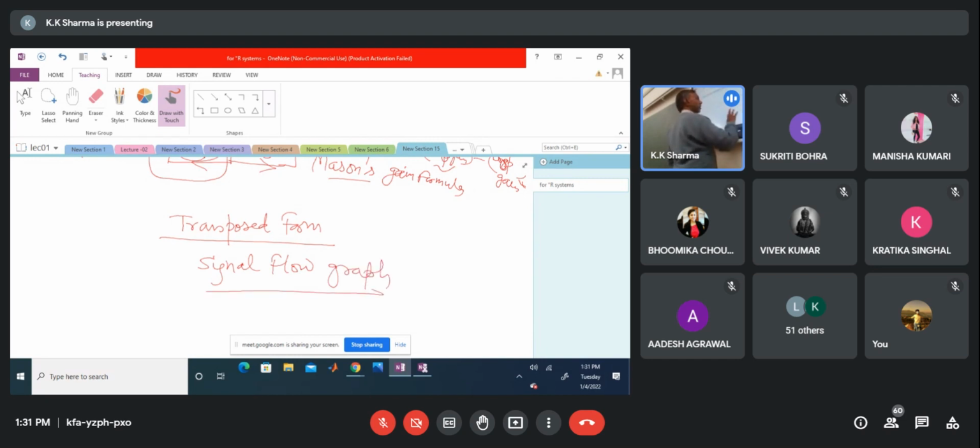You will learn in the control system engineering in detail. But what this transposed form is, it is based on transposed or transposition theorem in the signal flow graph theory. Transposition theorem.